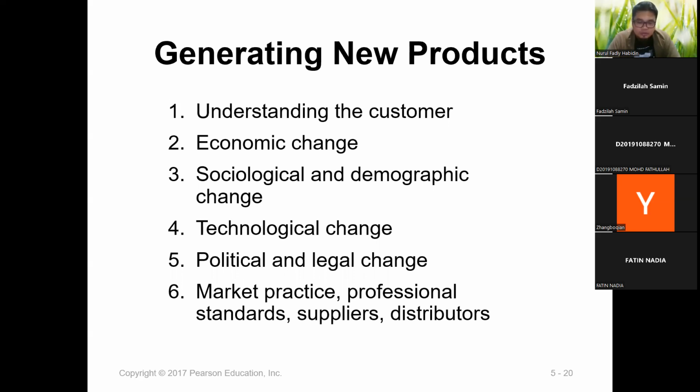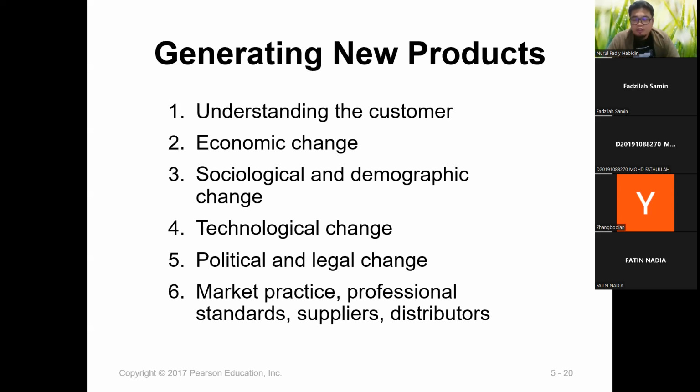In order to generate new product, you also need to master the market practice. You should know that every segmentation and market has a standard. You make sure that our new product aligns with the standard and practice, so you achieve the professional standard. Also, you have a very good relationship, short and long term, with the supplier management.